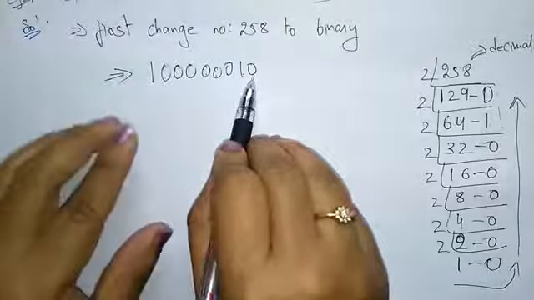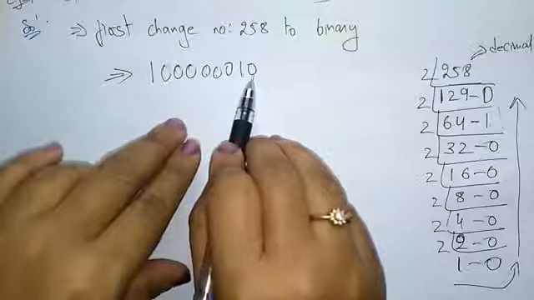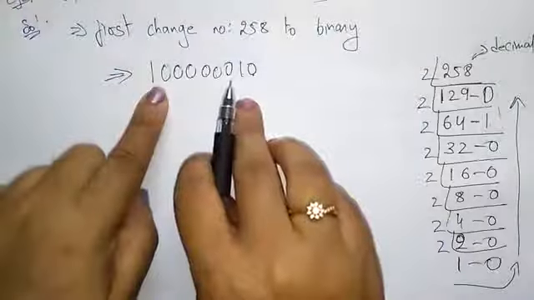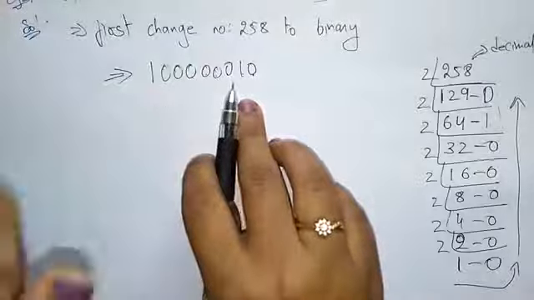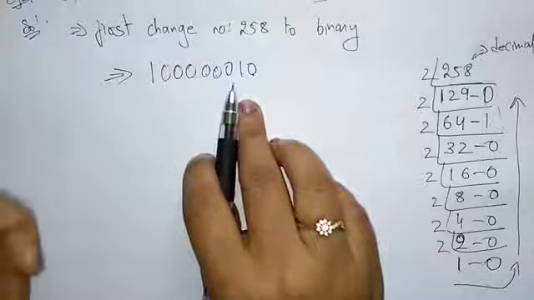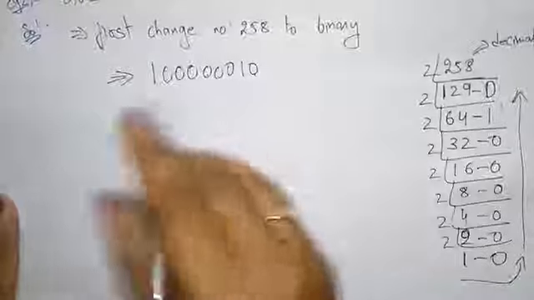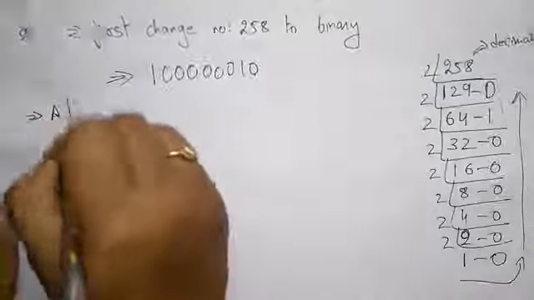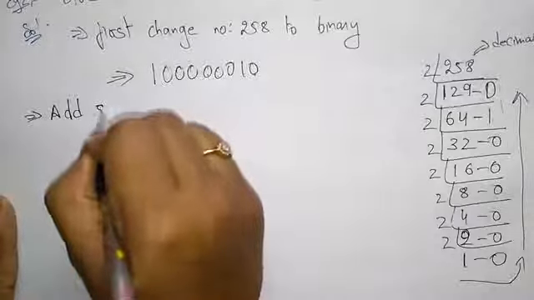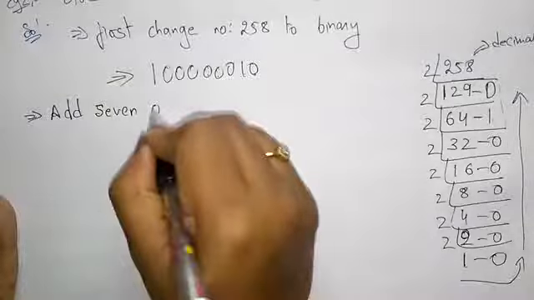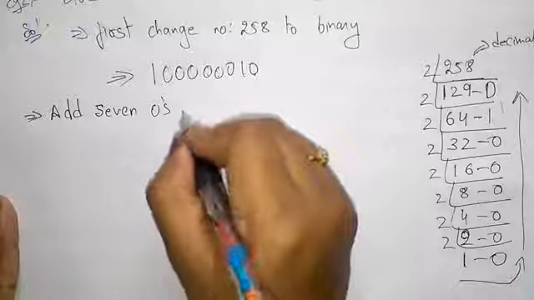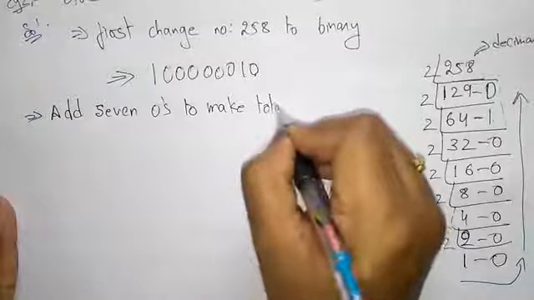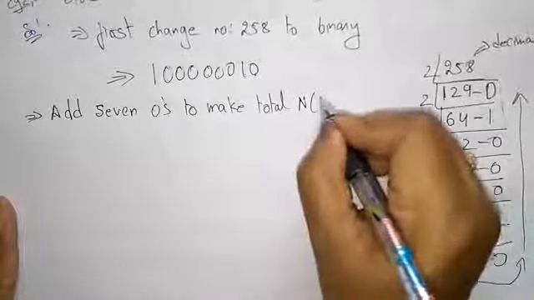Only 9 bits are there, but we want a 16-bit memory location. So to make this number 16-bit size, you have to add zeros. You have to add 7 zeros to make the total 16 bits.